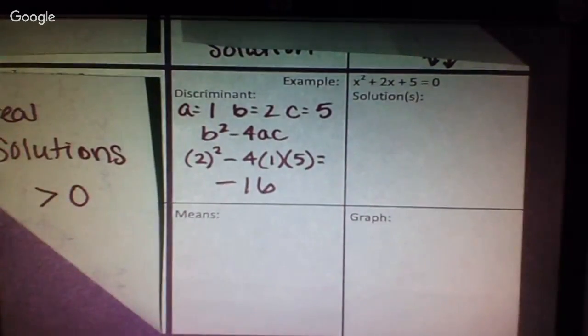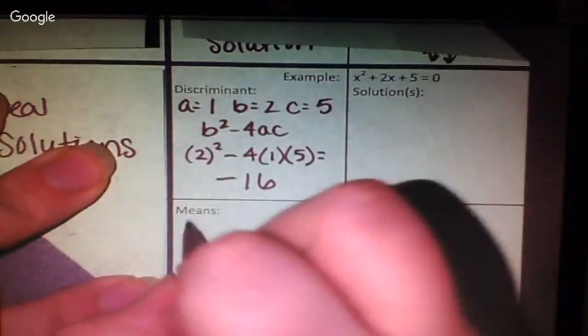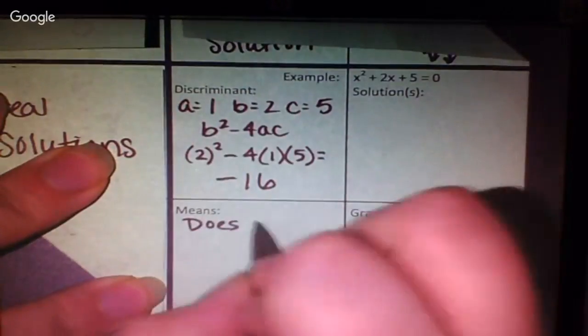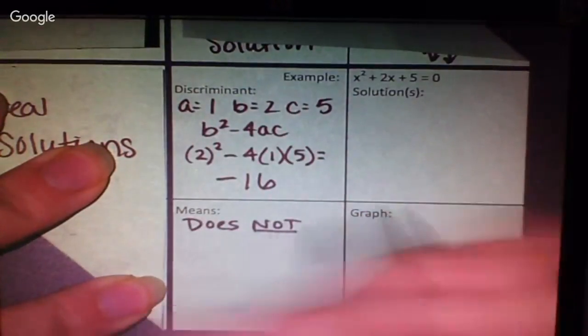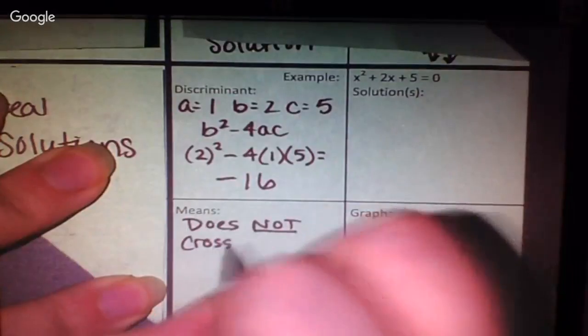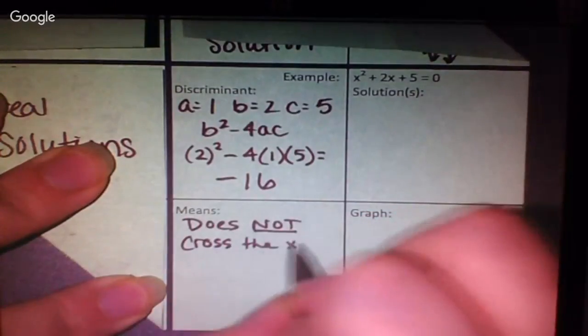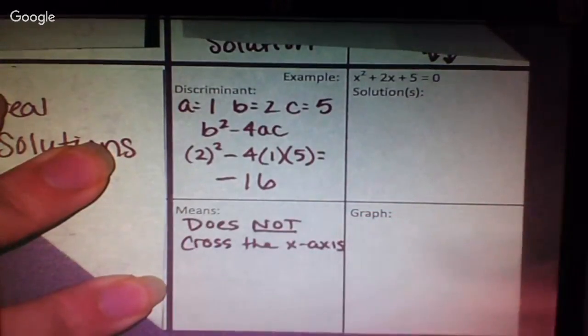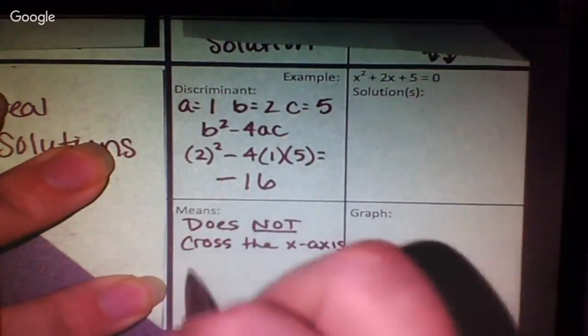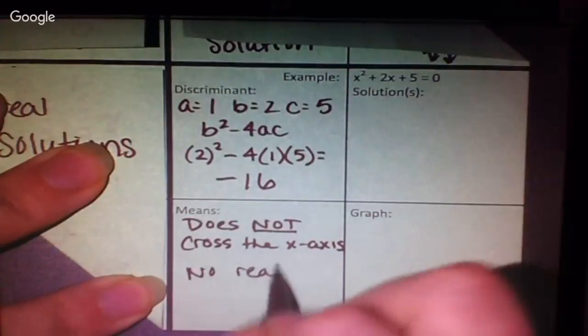So that means my value is now less than 0, which means it does not cross the x-axis. So no real solutions.